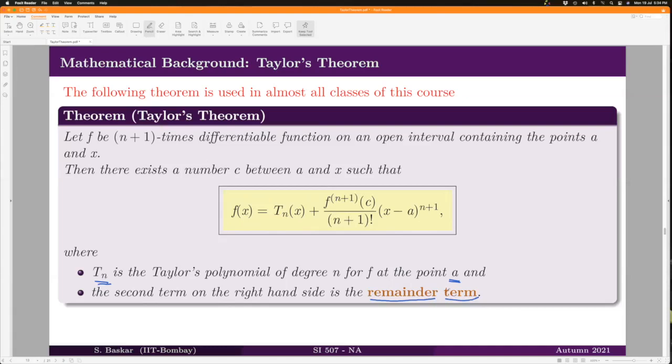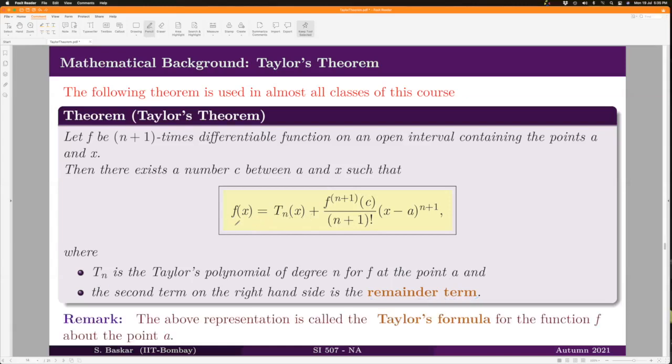This is the Taylor's theorem. The advantage of this theorem is that if you are given any sufficiently smooth function, you can write it approximately by a polynomial. This formula is also called the Taylor's formula for the function f about the point A.